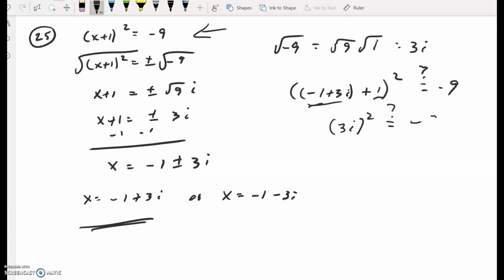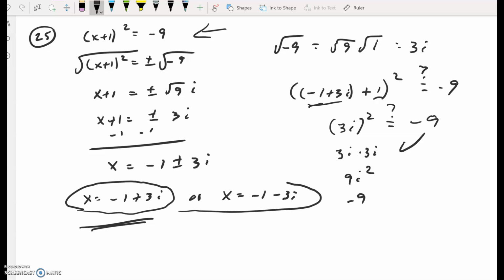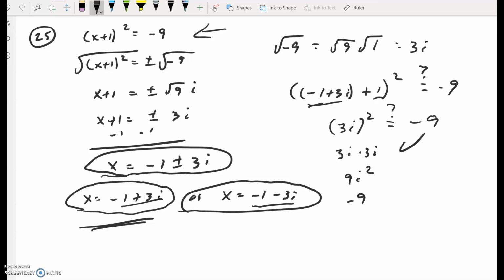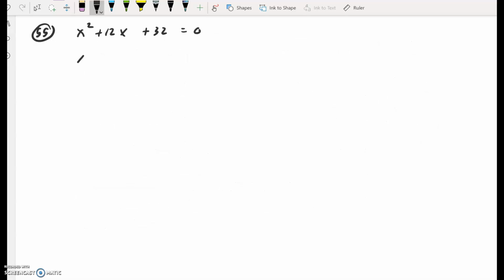The entire quantity to the second power is supposed to be -9. But this is 3i times 3i, which is 9i squared, which is -9. It checks. Both of these solutions would check, but it's not a mandatory check. On this problem, since there isn't any way to simplify these, it would be acceptable to leave both answers in this form.